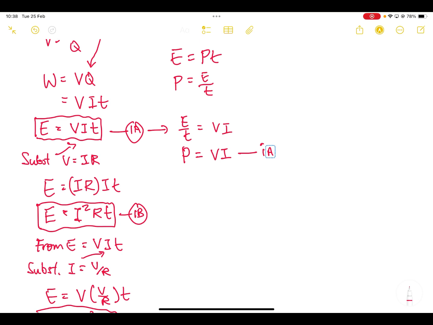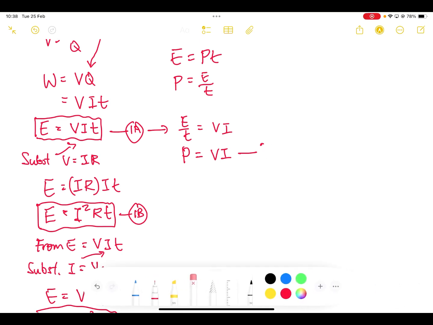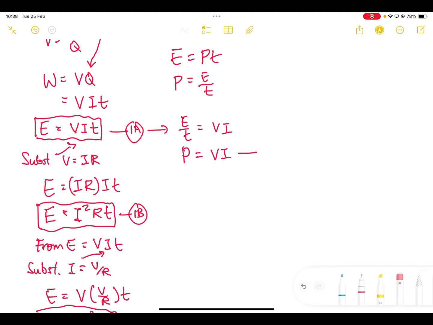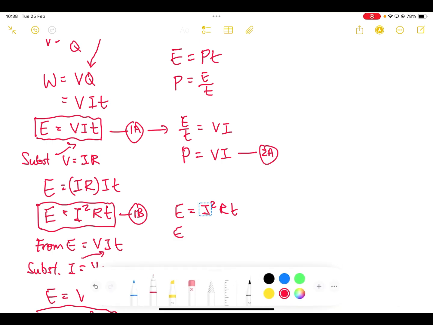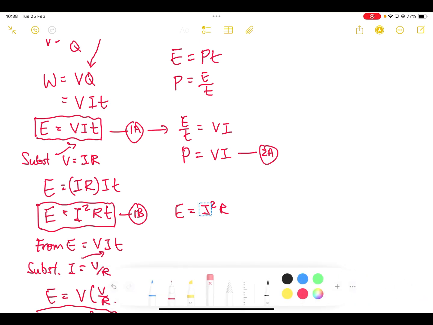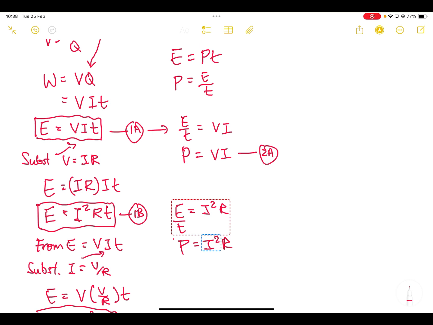So you get the idea. You can get another set of formulas for power just by bringing the T over. For E equal to I squared RT, same thing. I bring the T over, E over T. I can do it straight away and skip one step. So E over T equals I squared R, so power equals I squared R. This is the second formula.